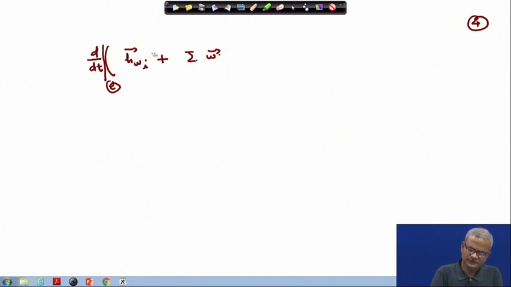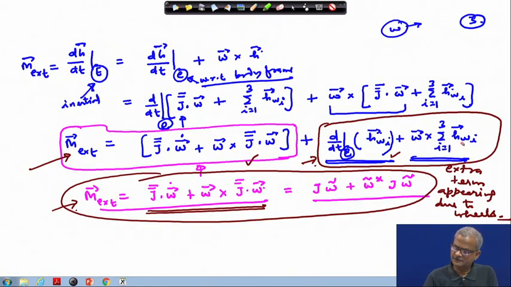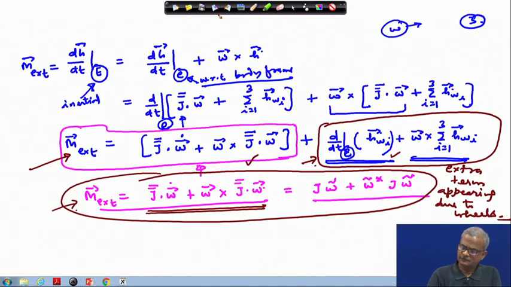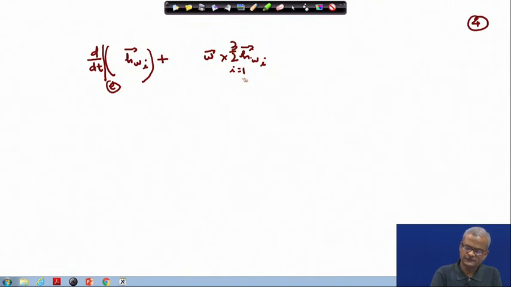So, we have this term here, and the other term is omega cross H W I, and I is from 1 to 3. So, this is the term that we need to work out.